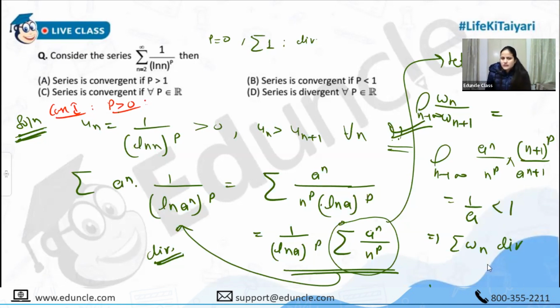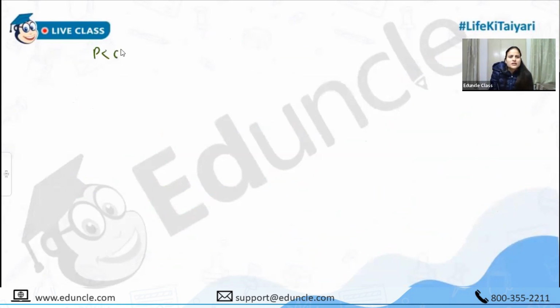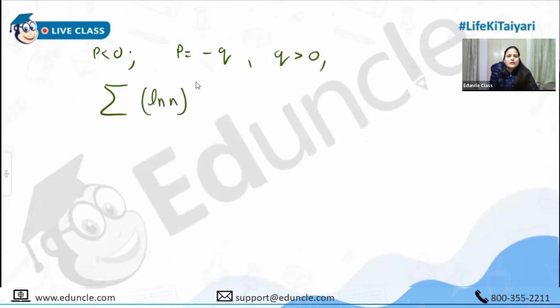So let's take the next case as p less than 0. As p is less than 0, you can take p equal to minus q, where q is strictly greater than 0. So your series will be nothing but ln n to the power q. You can replace p by minus q where q is greater than 0. Clearly here the nth term is ln n raised to q, which tends to infinity as n tends to infinity.